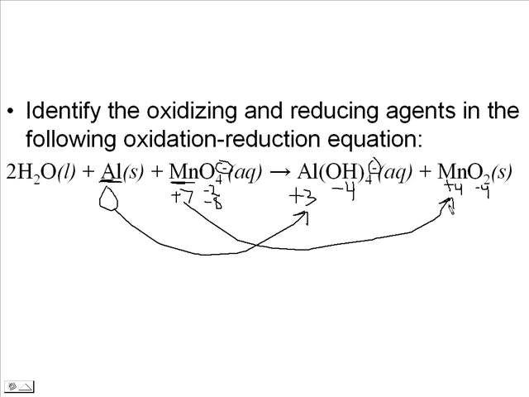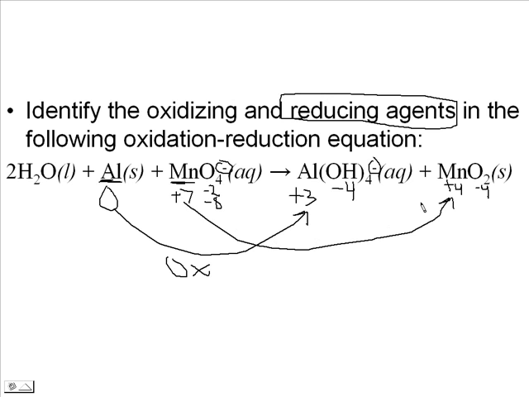Then you have to think of which of those is being oxidized and which is being reduced. If you go from 0 to +3, that means you've lost 3 electrons. That means aluminum has to be oxidized. If aluminum is oxidized, then again it is the reducing agent. So aluminum is the reducing agent.